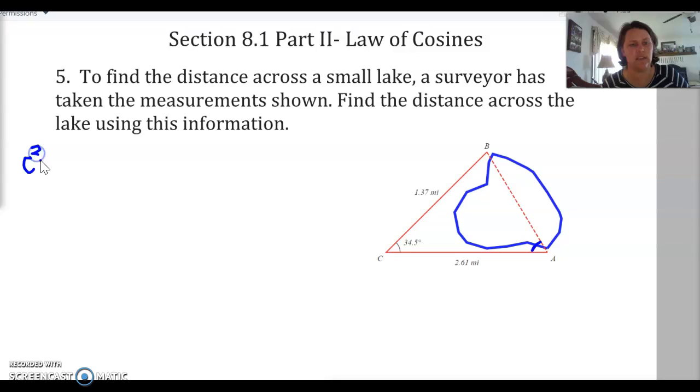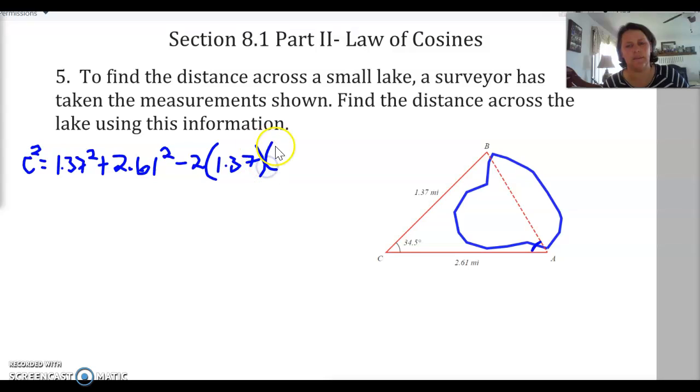So we have C squared, which is the side that we want, is equal to 1.37 squared plus 2.61 squared minus 2 times those two sides again, times the cosine of 34.5 degrees.